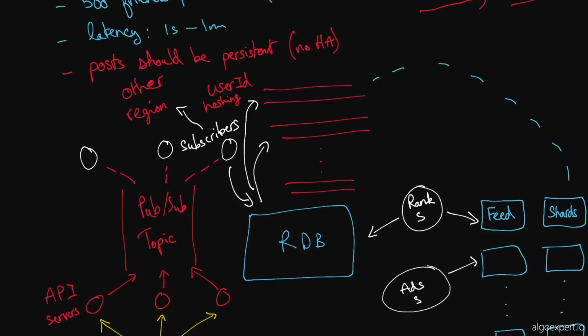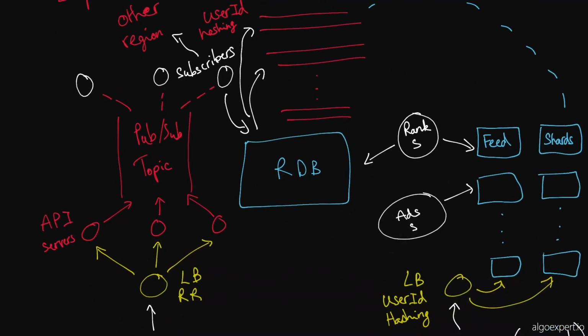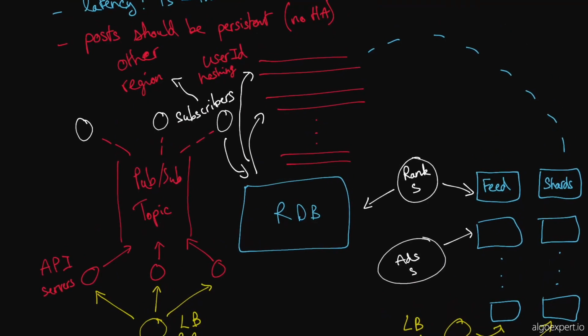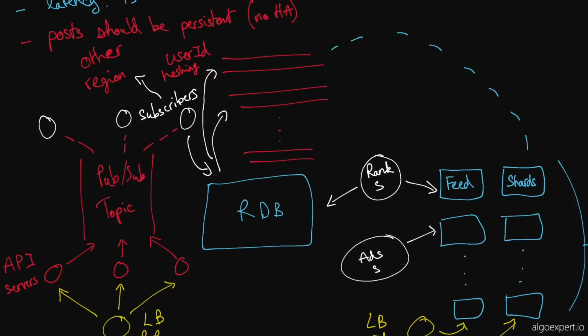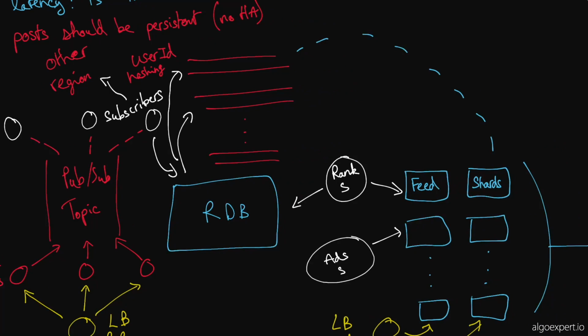Because let's say we repeat the operation of storing a post in the database, we can just overwrite the post, because every post has a unique ID that gets generated at this level. And then for this here, we would send a duplicate post if this has already been done, but the feed shards can handle that.